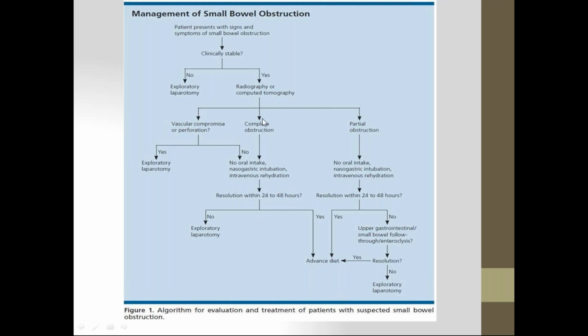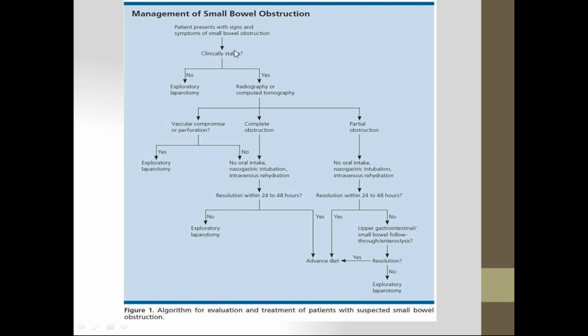If it is not, or if it is complete obstruction, then you need to give the patient intravenous fluid, stop oral intake, nasogastric intubation and Ryle's tube aspiration, and intravenous rehydration to correct the patient's fluid status. If it resolves in roughly 24 to 48 hours, you can advance to diet, and depending upon the imaging findings, the patient can be treated for that particular disease or whichever is causing it. If it does not, then you need to proceed with the exploratory laparotomy.